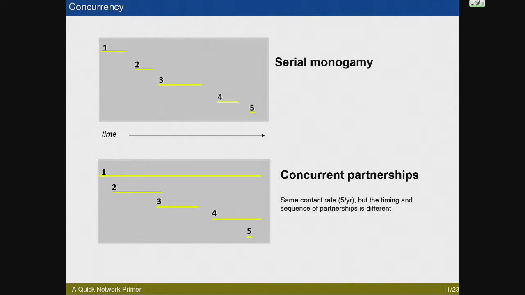Could go from 1 to 2 to 3 to 4. From one could give it to the person who could give it to 2, 3, 4. But if the person got it from 5, none of these people would be at risk. Whereas if there's a lot of concurrency in the partnership, for instance, one would always be at risk from an infection occurring from all of these partnerships.